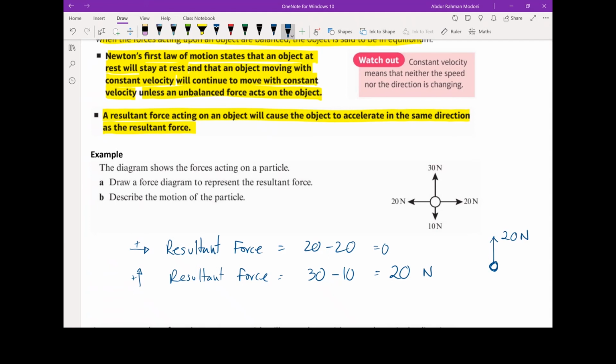This is the resultant. So the object has a resultant acting upwards. Therefore, the object will accelerate in this resultant force direction, upwards. Describe the motion of the particle: it will be accelerating upwards.